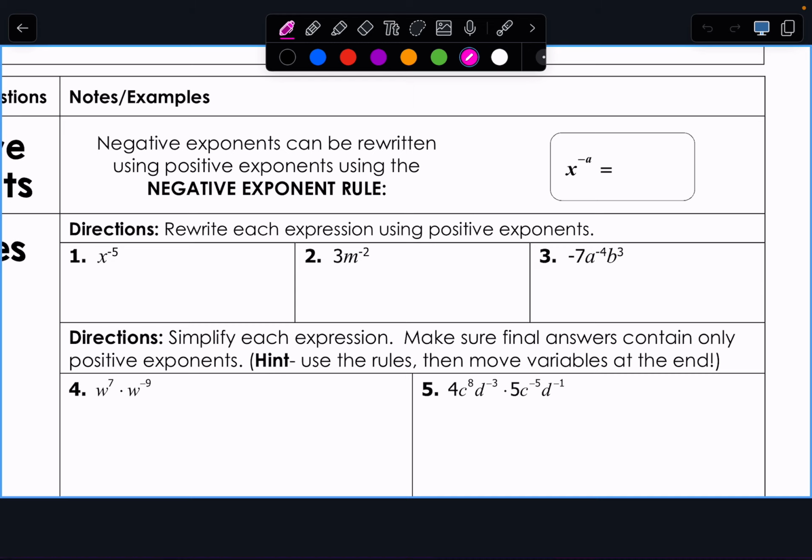So x to the negative a means 1 over x to the a. As soon as it travels across that fraction bar, it becomes positive.